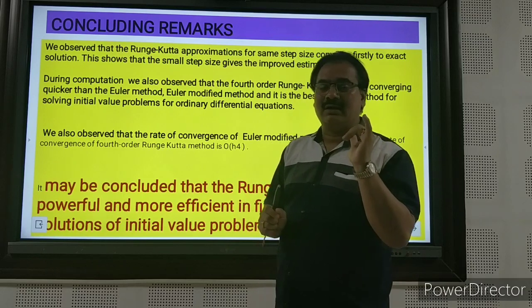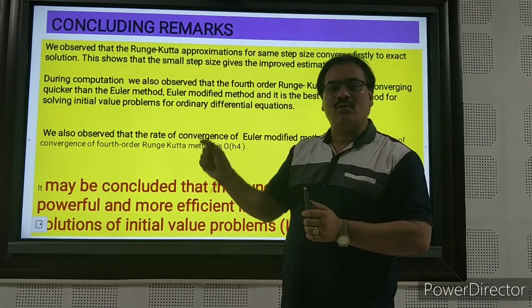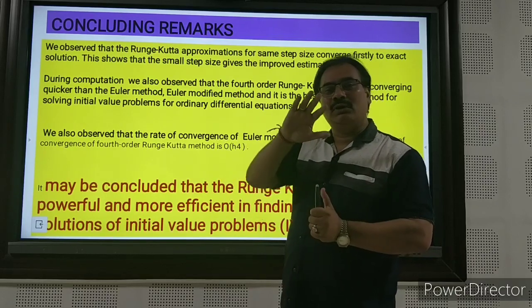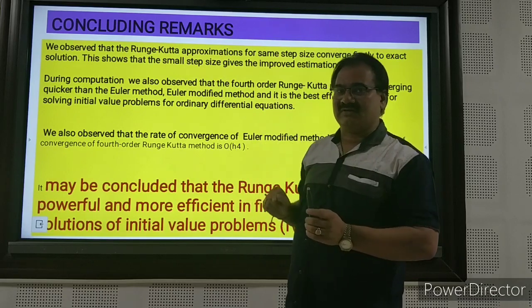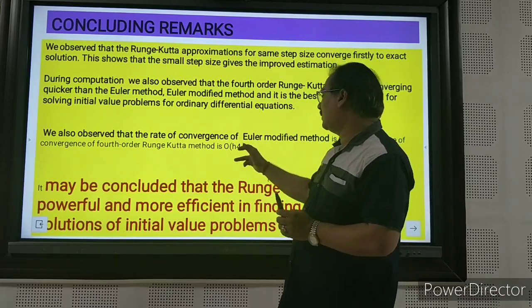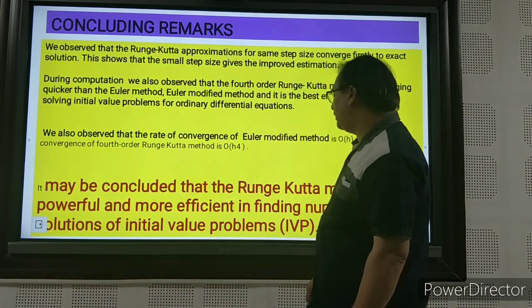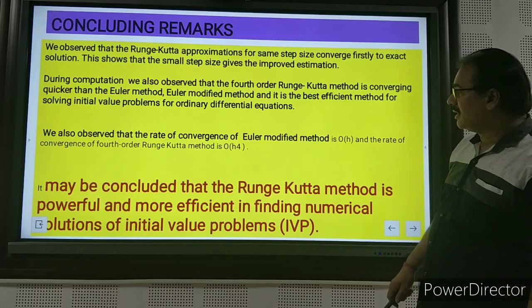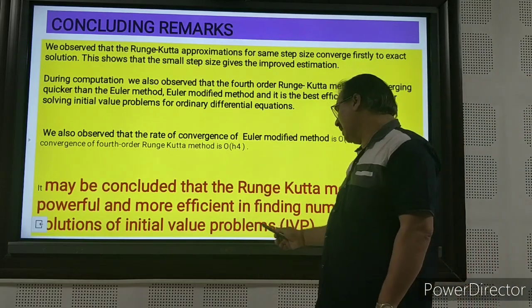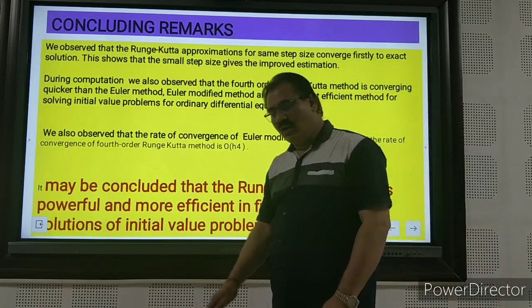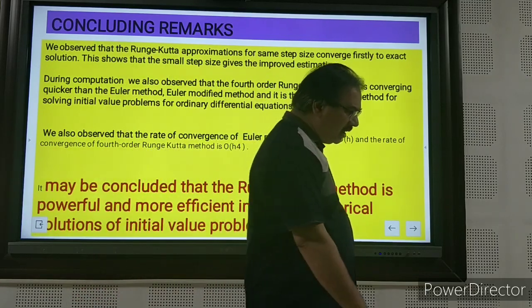The error in Euler's method appears in the first decimal place, but if you use the Runge-Kutta method, then the error will accumulate at the fourth decimal place. So it may be concluded that the Runge-Kutta method is powerful and more efficient in finding the numerical solution of initial value problems. We have already discussed all the methods, and this method is very powerful.